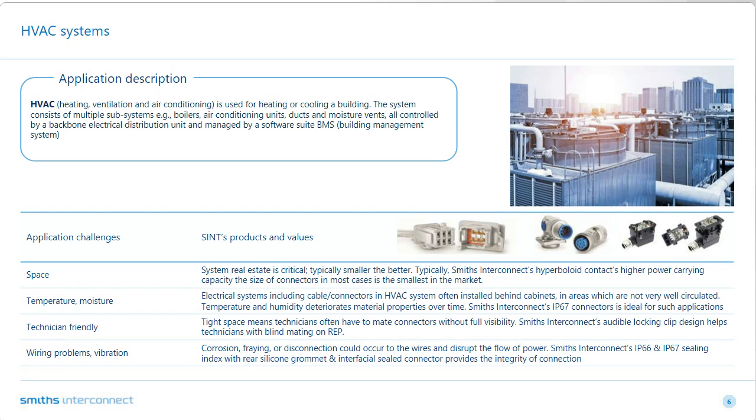It deteriorates the material properties over time. We will delve into some detail of a product that we have a huge amount of pedigree in developing, an IP67 connector for an application of this nature. And this ingress protection is vitally important, and I will speak about that in the next few slides.